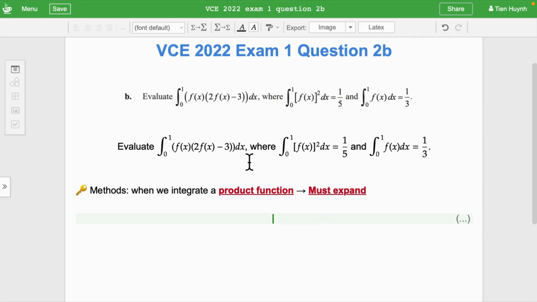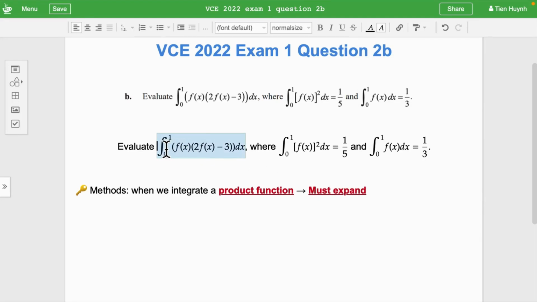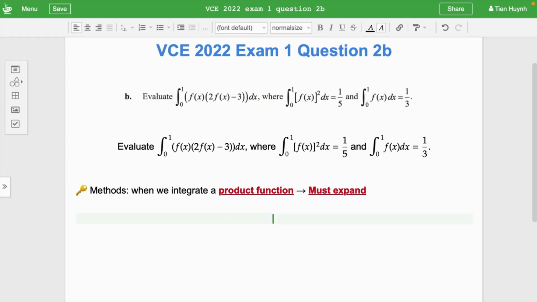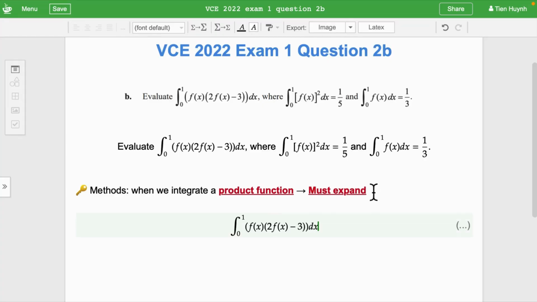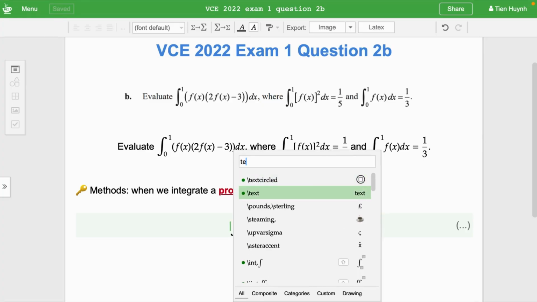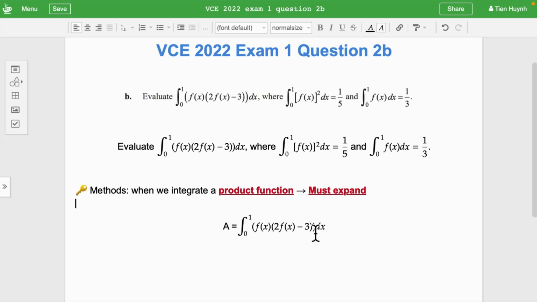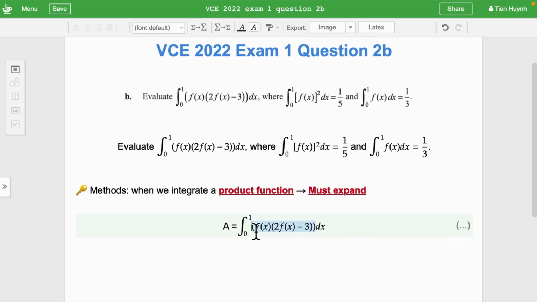Now, let us expand this and see what we have. I have this, and I will label that as A. Let's focus on this product here and see what we have when we expand it.